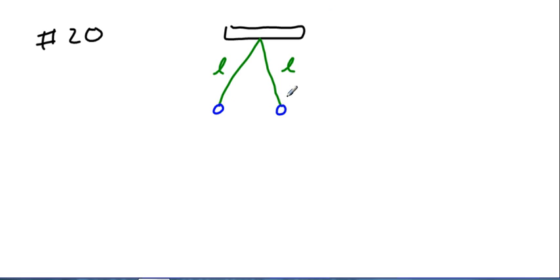All right. And I've got Q1 on one side, and I got Q2 on the other side, and I've got some angle, theta 1 and theta 2. And this will take more than the average picture.